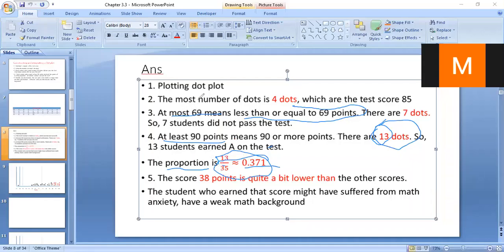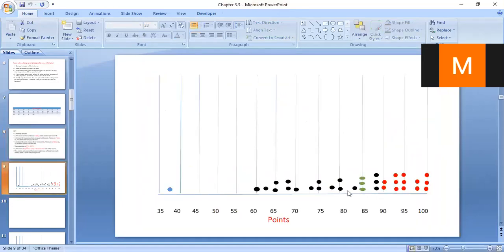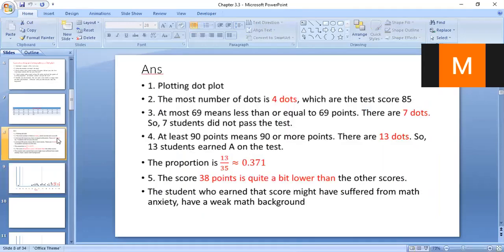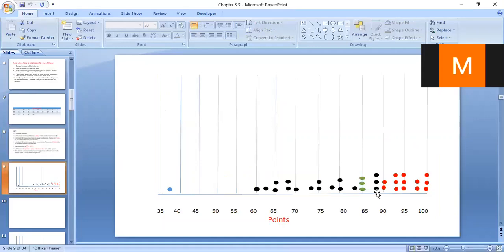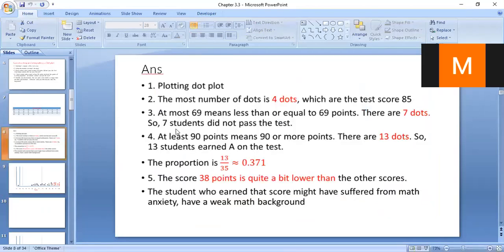Any questions about finding the proportion? Any questions? You look at the dot plot. When the question is at most, that means less than or equal.